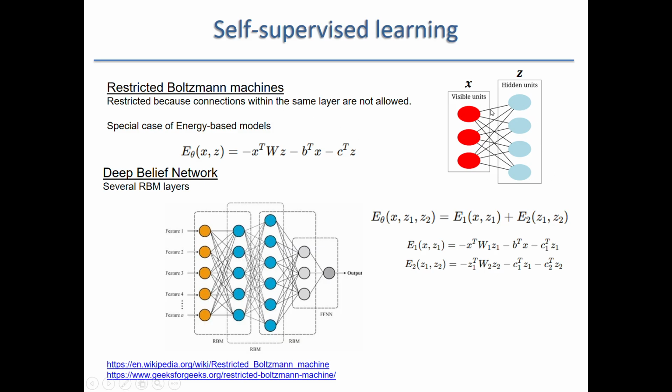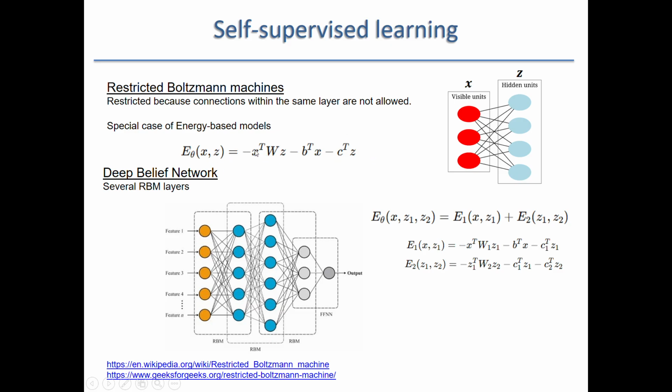The restricted Boltzmann machines, you can think of them as having some visible units and some hidden units, and the energy of any particular combination of x and z is computed in this way.